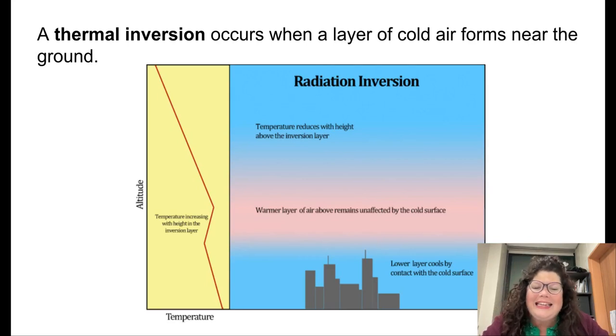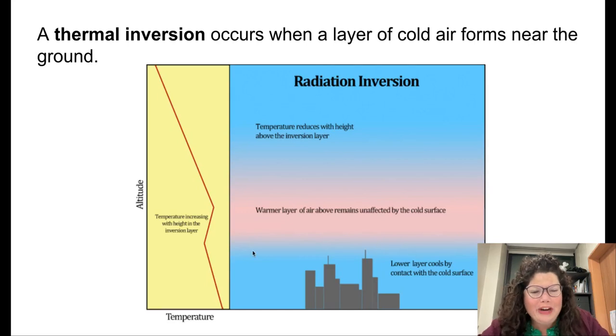Now, unfortunately, that doesn't happen if there's a cap. If I cap the container, there's nowhere for these pollutants to go. And that is essentially what a thermal inversion does by putting this layer of warm air on top of a layer of cold air near the ground.